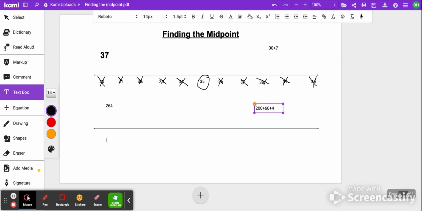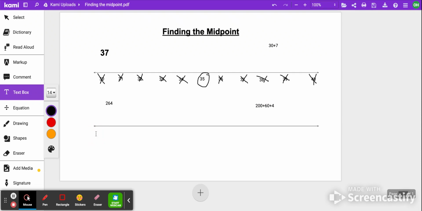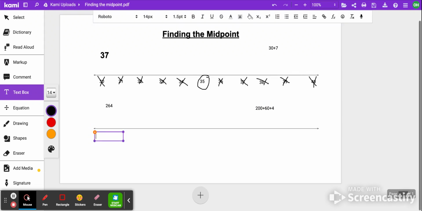Then we are going to go ahead and put our friendly numbers on the number line, just like we did when we were finding the midpoint for this 2-digit number. However, right here it says 200, and so our first friendly number would be 200. We're going to put 200 here. So then instead of adding 10 to it like we did up here, remember we added 10 to the 30 and got 40?